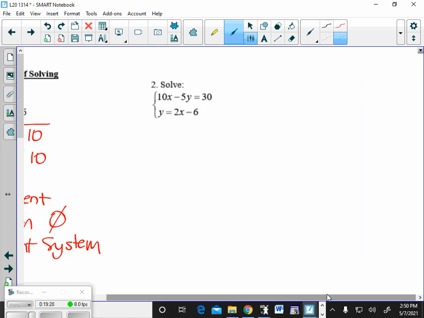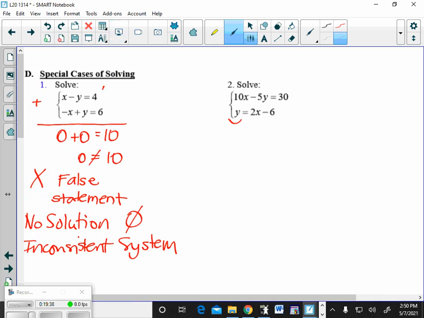Let's look at number 2. Right away we can see that in number 2, y is already solved for. So why don't I mention here addition method, because we noticed that would work nicely for that problem. And here we're going to use substitution because that looks like it's going to work well. I can see a variable already solved for.